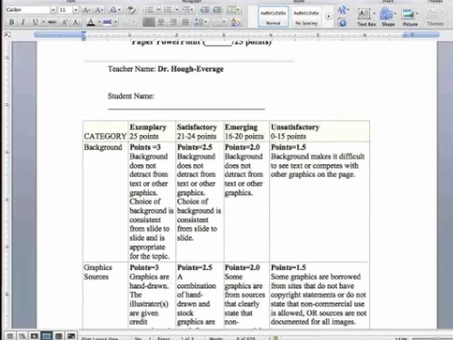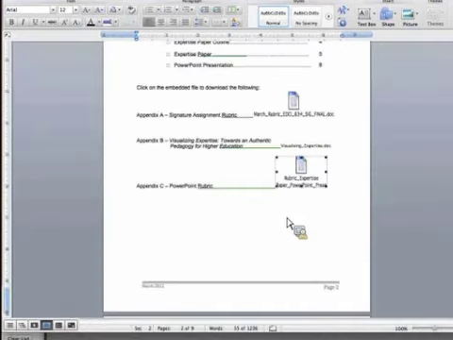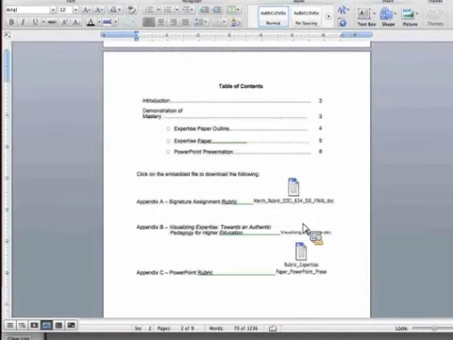Rubrics are the most fair way to ensure you know what you're being assessed on, what you have to actually do to show success. Absolutely. That's why we do the rubric. So all that we've discussed with you, that's where the rubric is. This is your handbook that we're looking at. And I don't know why that icon isn't showing up right now, but 1, 2, 3, you have 3 attachments that are in the handbook that you double click and they will download into your own computer.